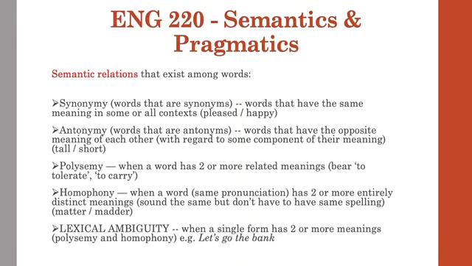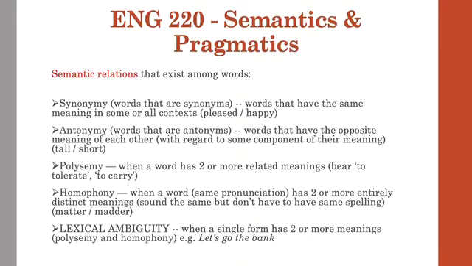Okay, the next semantic relation is homophony. Homophony, when a word has the same pronunciation as another word, but they have two entirely different meanings. The spelling doesn't have to be the same, but they do have to sound the same. So we're talking about phonetically how it sounds. So matter and madder.